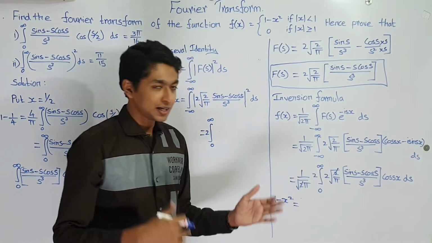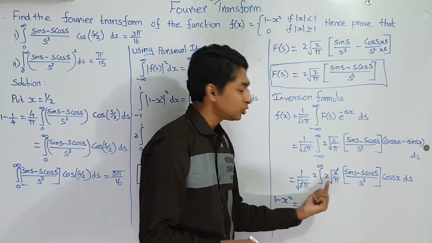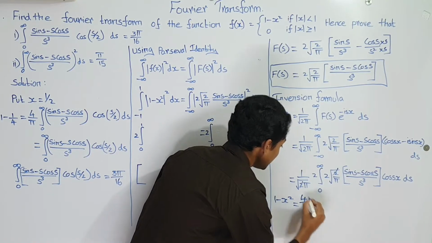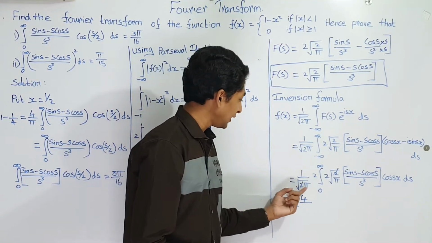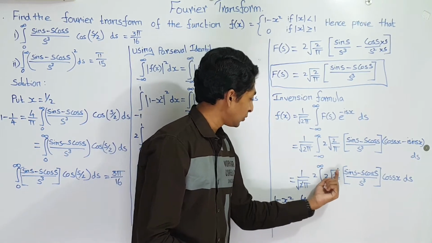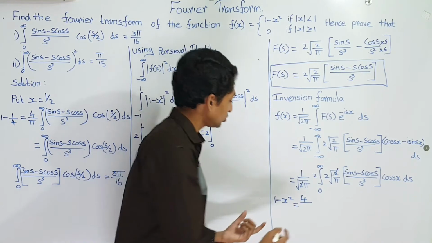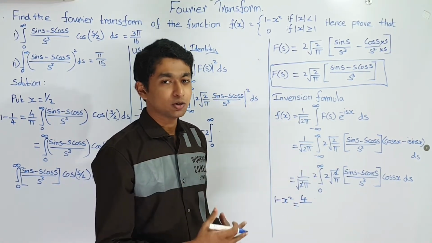So what is the balance? Now we are going to multiply these: 2 into 2 is equal to 4. So 4 divided by root pi. So now we have root pi and again we have 1 divided by root pi. So root pi into root pi is equal to pi.